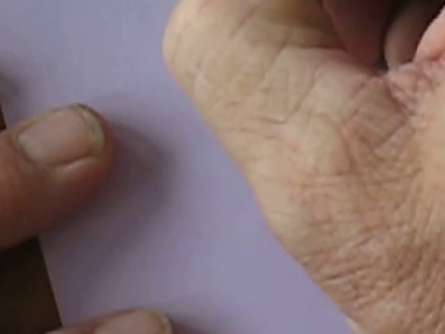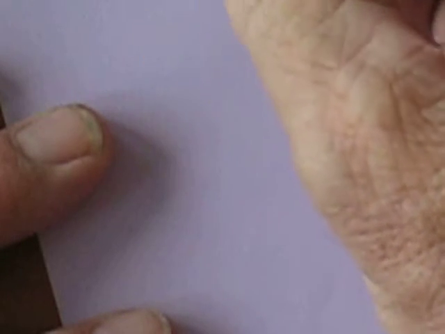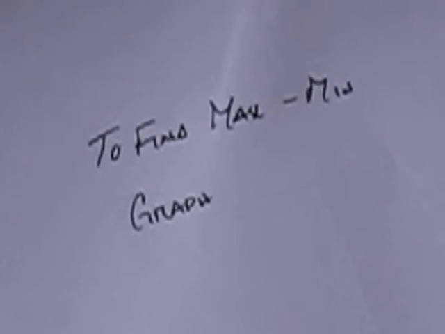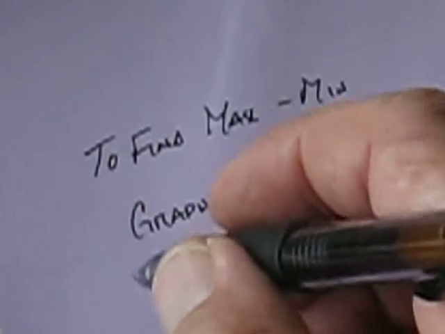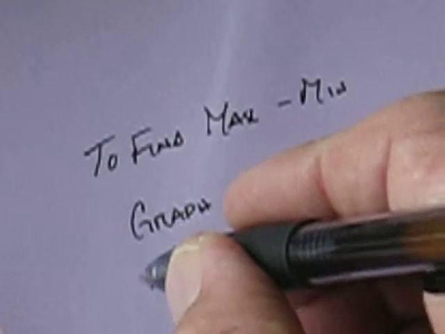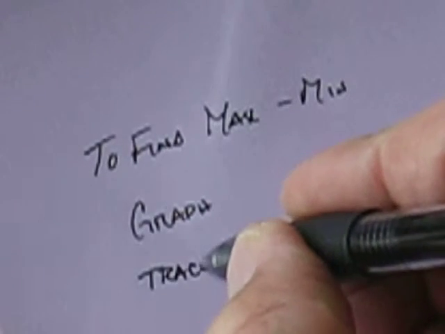Make sure you see a good picture of the graph, that your window's set. And then you can simply hit the trace key.